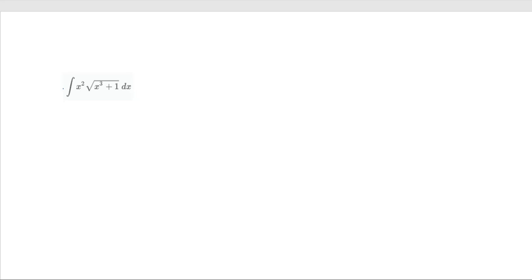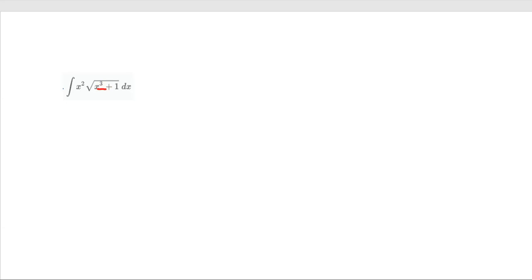It's just easier to run through a bunch of examples, I think, than try to describe it in words. So what you're looking for here is a part of this function where if you take the derivative of just that little piece, you see that derivative elsewhere in the function.